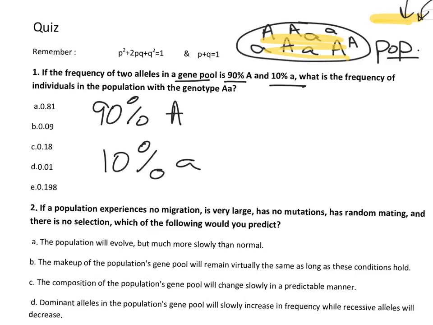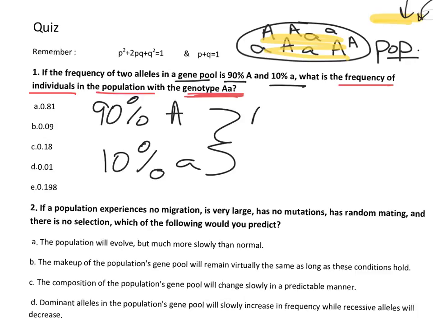So they ask, what's the frequency of the individuals in a population that are big A, little a? All right, so they've told you the amount. What are these things? What would we call these? The percent of big A and little a in a population. So what would you call that? Gene frequency. Allele frequency, right? So that's right.